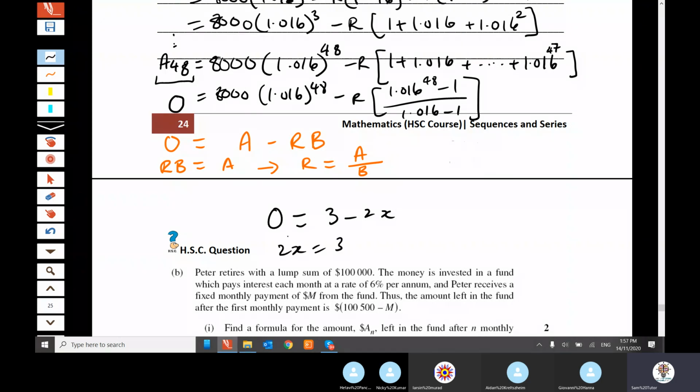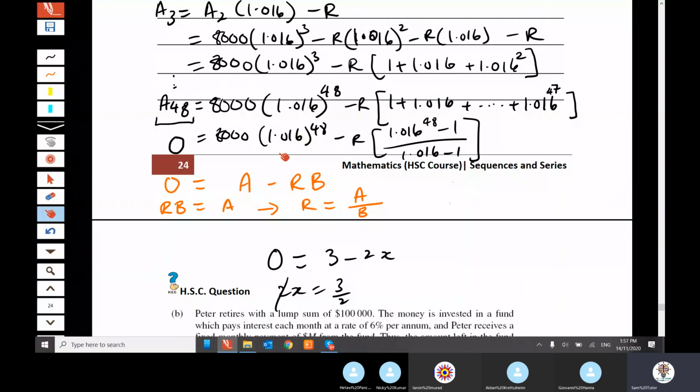This is a 3. This is your 2. So to find R, it's always going to be 3 divided by 2. That's what I'm writing here. It's always this number divided by this number. So I'm just going to plug it into my calculator.